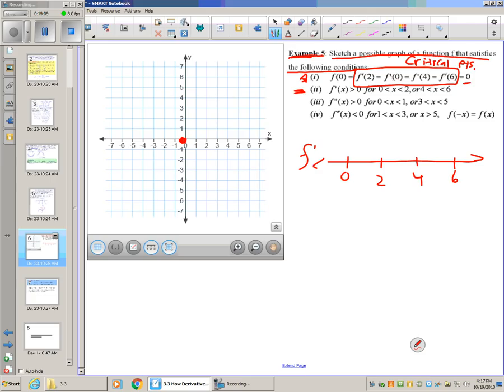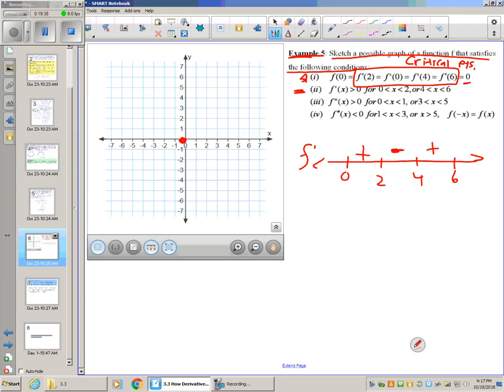It says f prime of x is greater than 0, so is positive, for any value between 0 and 2, so I can put a plus here. Or between 4 and 6, so I can put a plus here. So then that must mean that on the other sides, it's going to have to be negative.